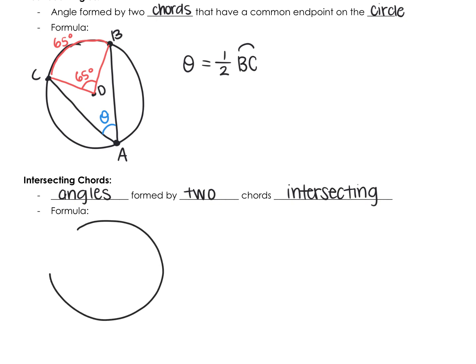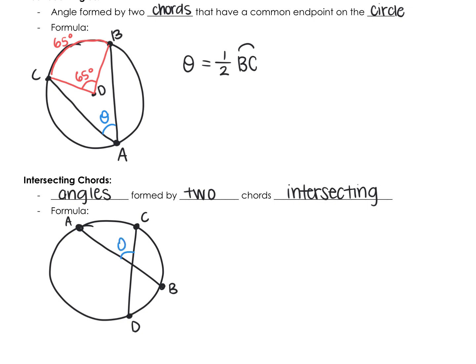If in a circle you have your two chords, we'll say AB and CD, you can pick any of the angles formed. There are technically 4 angles formed by 2 intersecting chords, so you just need to pick one of them.